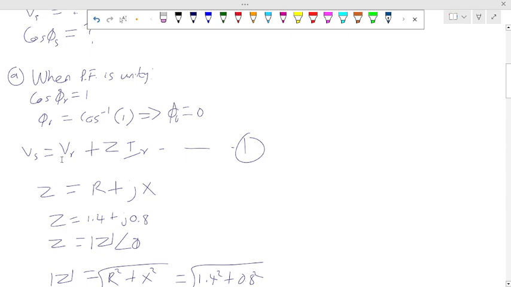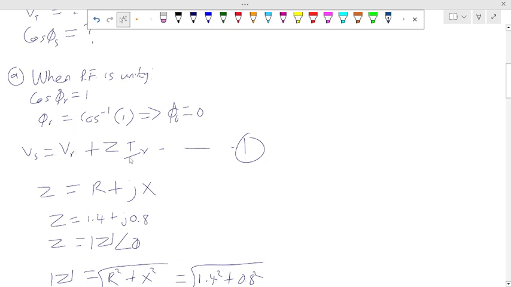Phase angle 0. So recall that for a single phase line, VS equals VR plus the line impedance multiplied by the current at the receiving end. Since we are looking for the voltage at the sending end, we plug in the values.